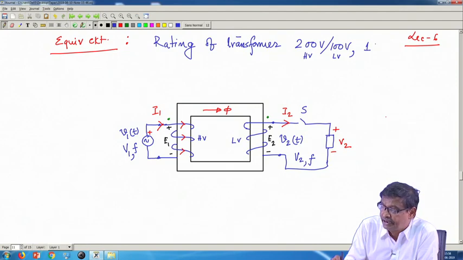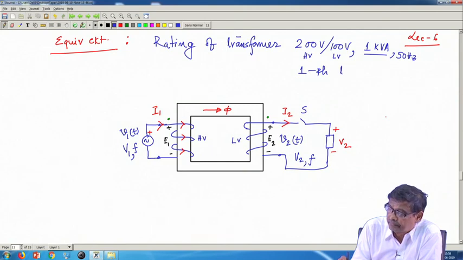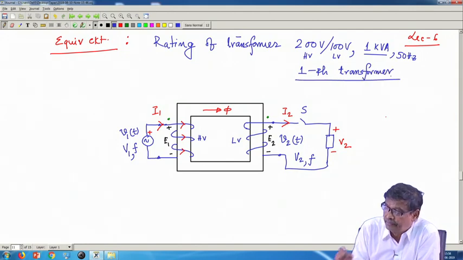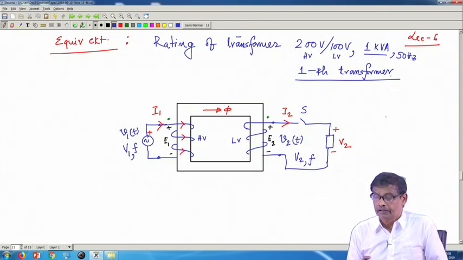Suppose the kVA rating is 1 kVA, and also the frequency will be specified, 50 hertz, and also what kind of transformer it is, single phase transformer. Got the point? So, a transformer is specified in this way.